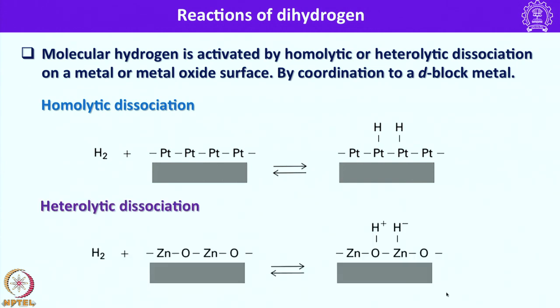And in case of heterolytic dissociation, for example if you take hydrogen over zinc oxide, H plus and H minus are simultaneously formed, and as expected H plus will bind to O, and H minus will bind to zinc. Later this H plus or H minus can be transferred to the substrates in the process. We call it a hydrogenation reaction.